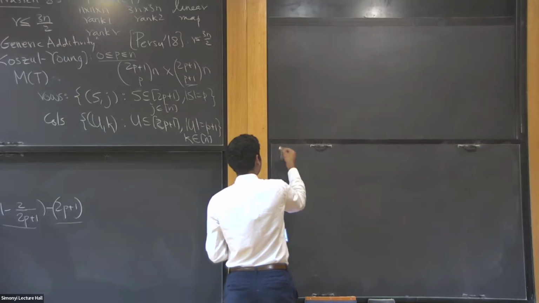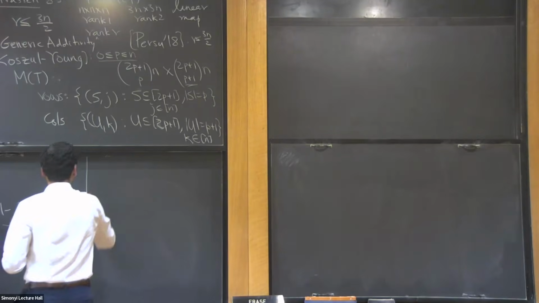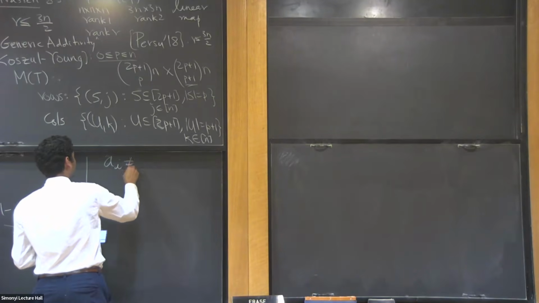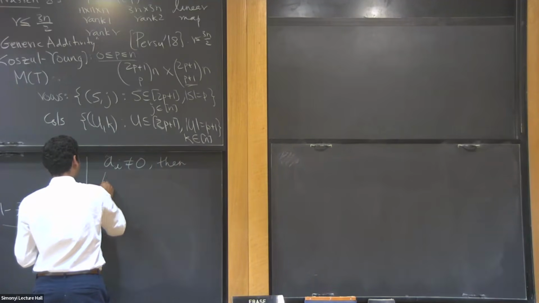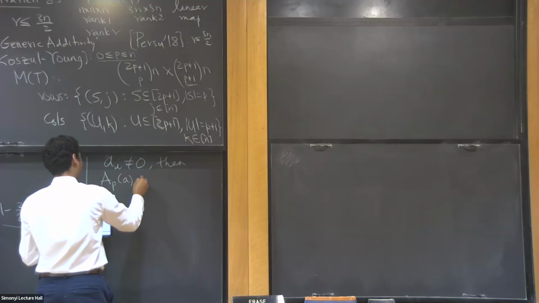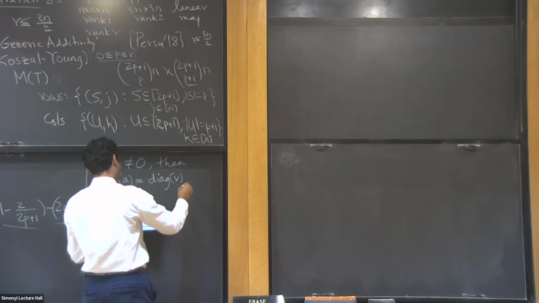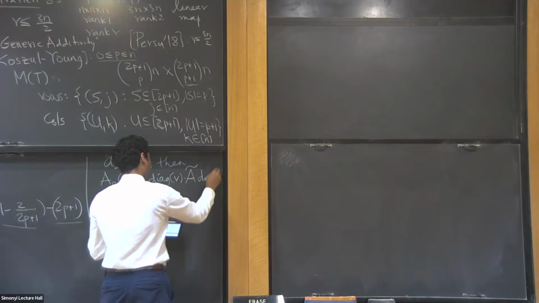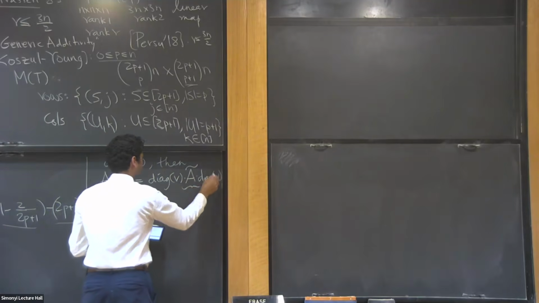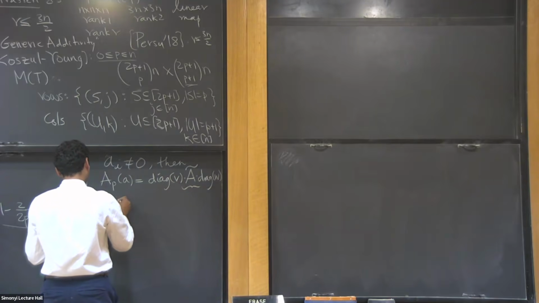Okay, so for any A, if we know that AI is non-zero, from this proposition, then the matrix AP of A can be factored as a diagonal matrix times A tilde times a diagonal matrix. Let me explicitly write down what this matrix is, and you'll see why it's kind of natural.